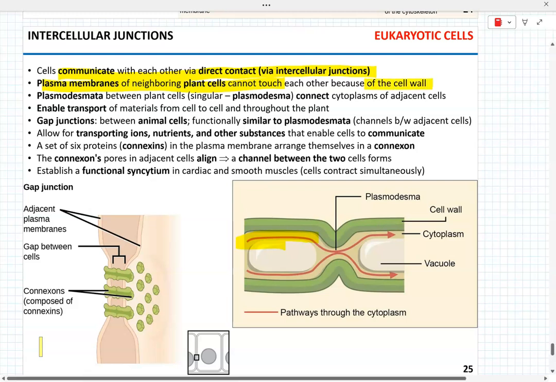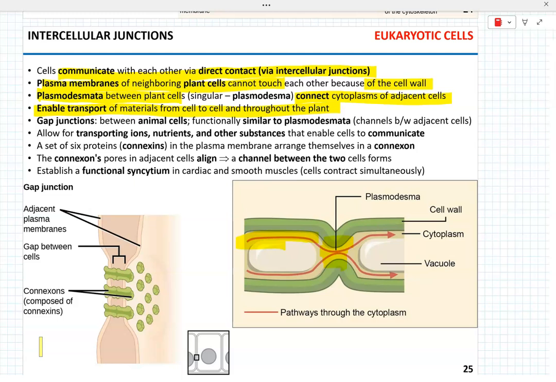However, the openings in the cell wall, called plasmodesmata, plasmodesma is the singular form of that word, connect adjacent cells, allowing the exchange of materials between the cytoplasms of those cells. Essentially, plasmodesmata enable the transport of various materials from cell to cell and, in the end, throughout the plant.